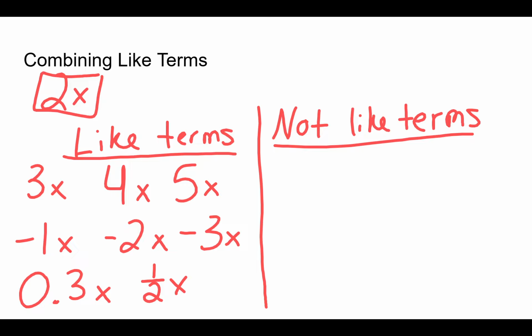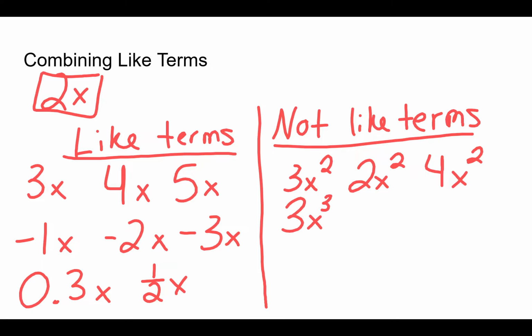Not like terms. If I had 3x squared, 2x squared, 4x squared. You see what's different about those? They have x's, but they have a power of 2. Just like if I had 3x to the third power or 2x to the third power. These are not like terms.